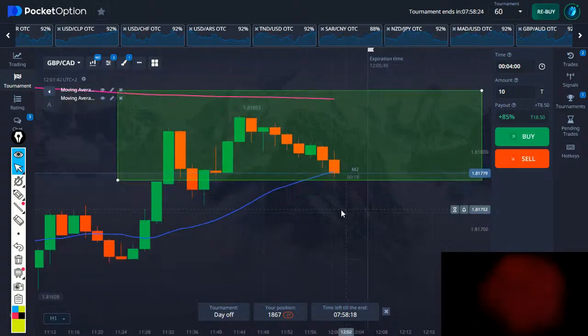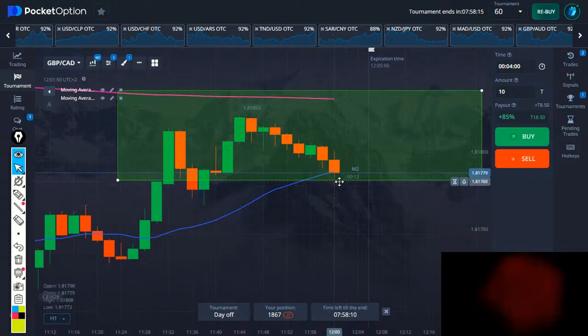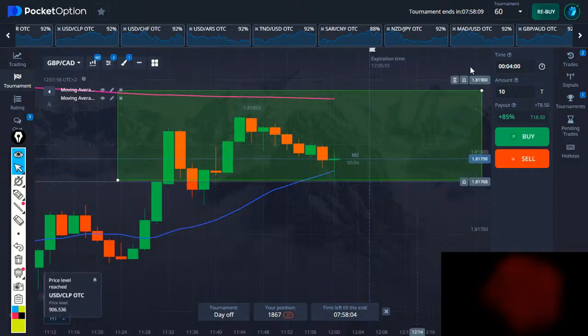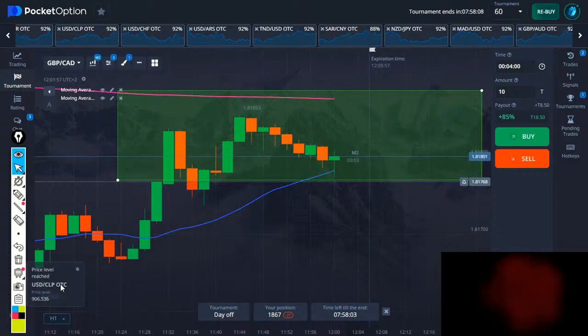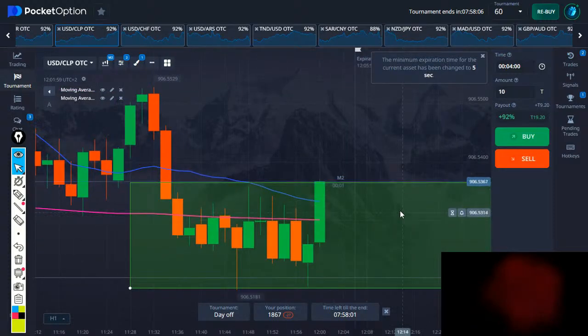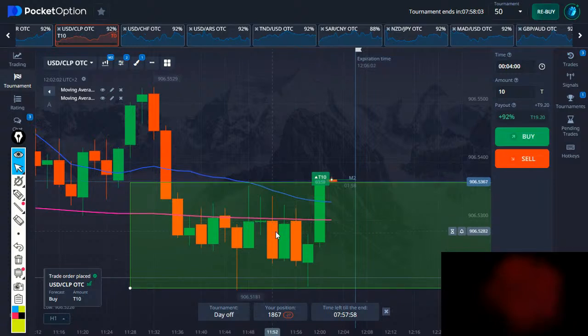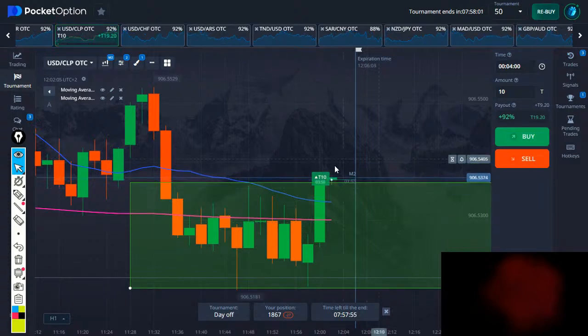Nope, that's it. Maybe the next candle, I set an alarm over here as well. We have a beautiful one. I'll take this one. Should have taken this for 6 minutes.